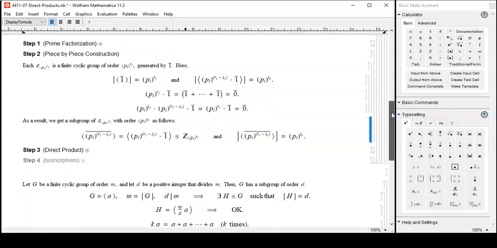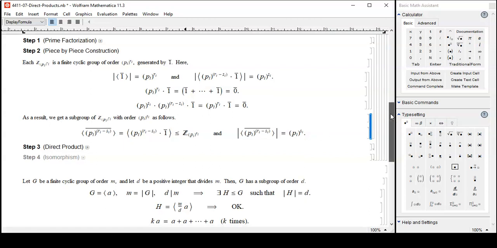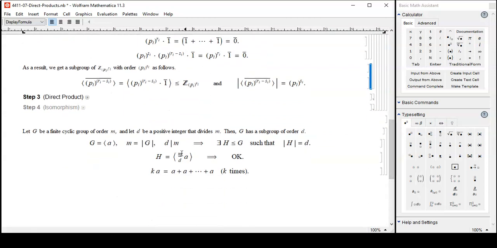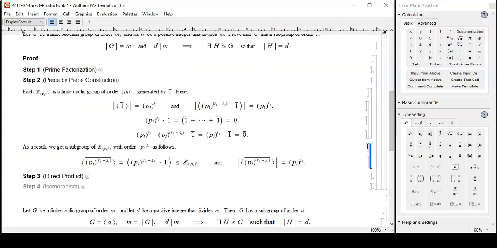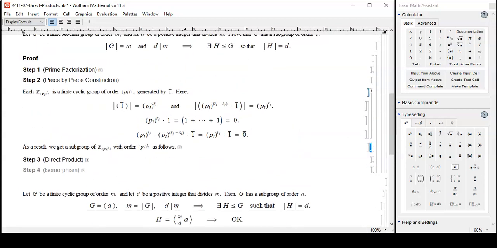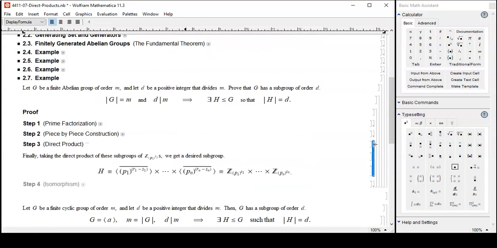And if you remember getting those p to the r minus s power, which is p to the r power divided by p to the s power, that idea is actually the same as this, m divided by d. The same thing is being repeated here. So piece by piece, we have subgroups, and then take the direct product of those.